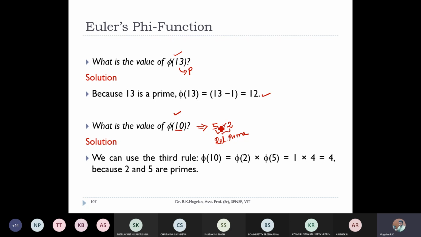So I can write phi of 10 using the third rule as phi of 2 multiplied by phi of 5, and you can see 2 is a prime number and 5 is also a prime number. So you can use the property that phi of p is nothing but p minus 1. So phi of 2 will come out as 1 and phi of 5 will come out as 4. So the answer is 4.